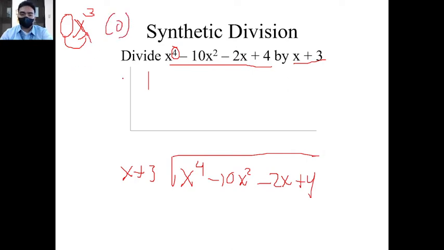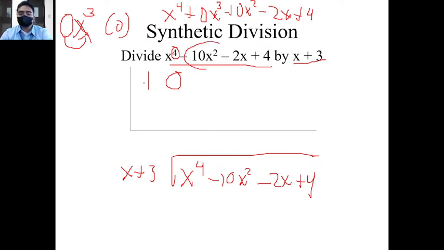Therefore, in this polynomial, it seems like you have x raised to 4 plus 0x cubed minus 10x squared minus 2x plus 4. So the coefficient for your second term becomes 0.